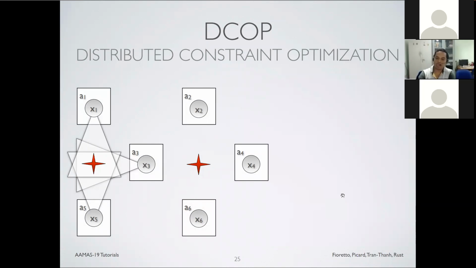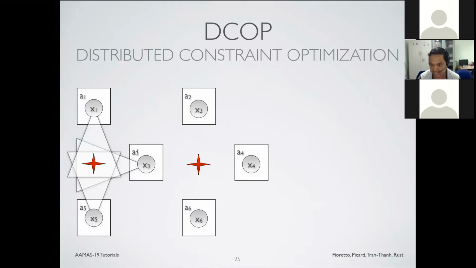Now, along with the sensor X1, there is one more term associated with it, A1. A1 is an agent. A1 is the agent responsible for choosing the values of X1.